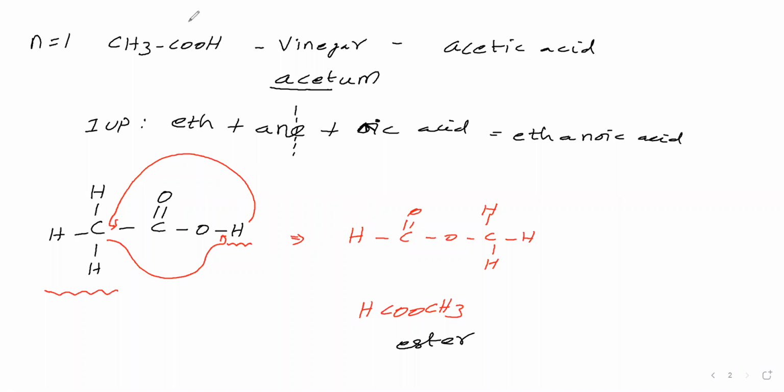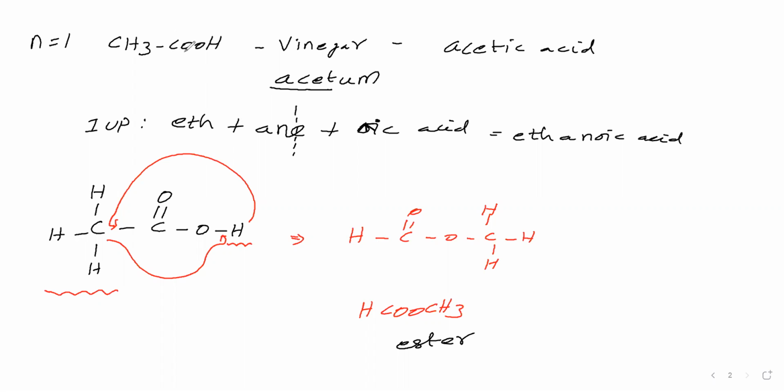So for this carboxylic acid and this ester, you see the molecular formula. Does the molecular formula remain the same or not? It remains the same, but what is different? The functional group is different. Here the functional group is carboxylic acid, here it is ester. Therefore, these two are called functional isomers.